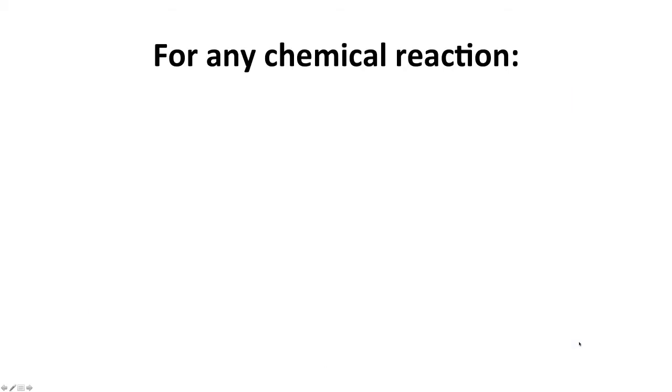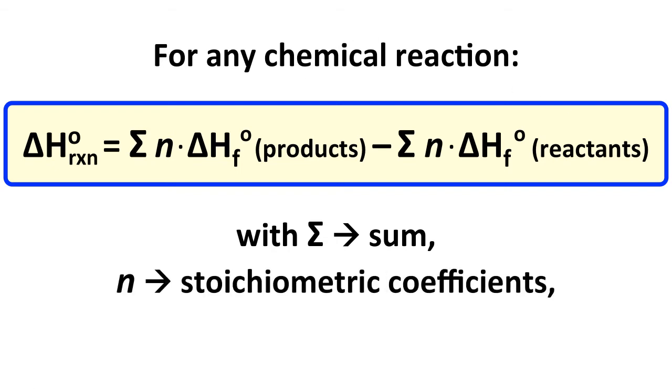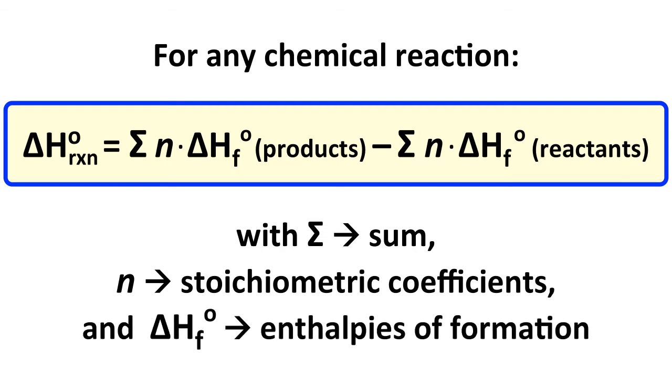Okay, now how is this useful? How do we use delta H of formation values? It turns out, and this can be shown using Hess's Law, it's a consequence of Hess's Law and enthalpy being a state function, that for any chemical reaction the following relationship is true. The delta H of reaction can be calculated using this equation, where sigma stands for sum, n stands for the stoichiometric coefficient of a given substance, and delta H of formation is, of course, an enthalpy of formation value.